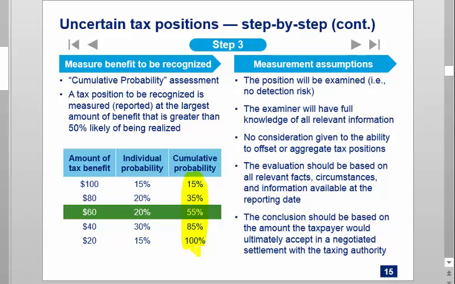So the answer under a cumulative probability is going to be the settle. Whatever you estimate as your settlement number, that's the answer. That's typical FIN 48 documentation when you're really just trying to shortcut it and say, I might win, I might lose, but really I'm going to settle, and here's my best estimate of what I'm going to settle at. That is a very typical approach.